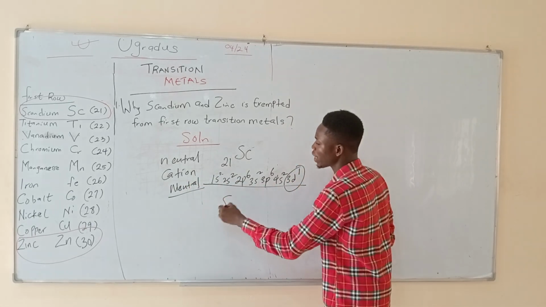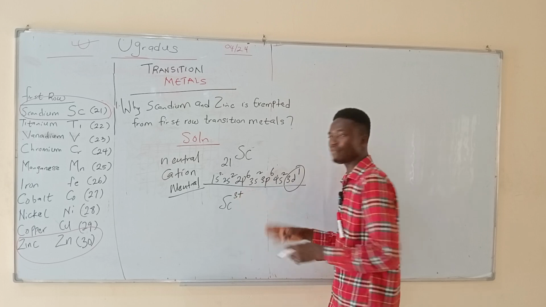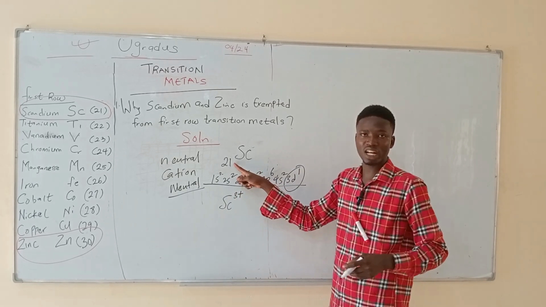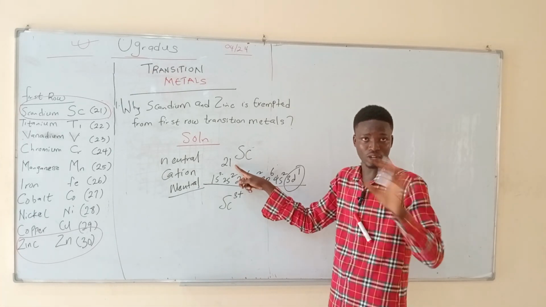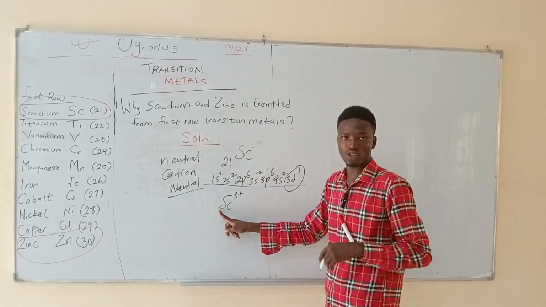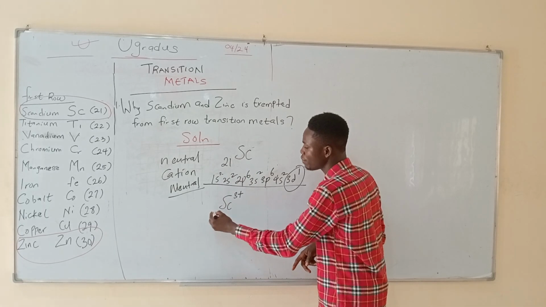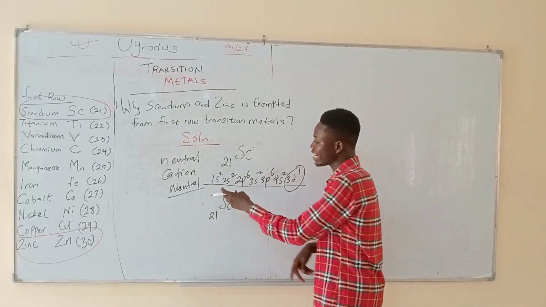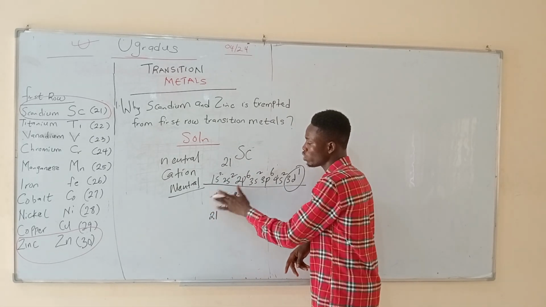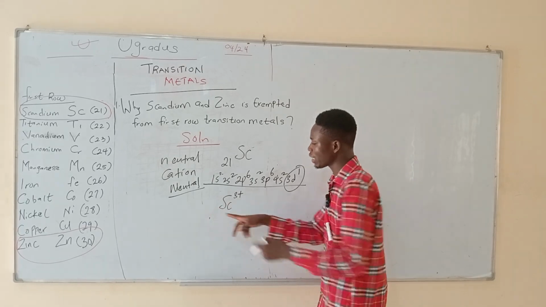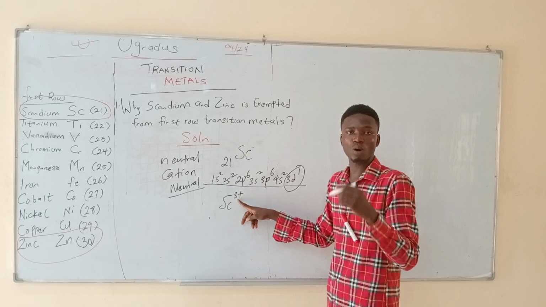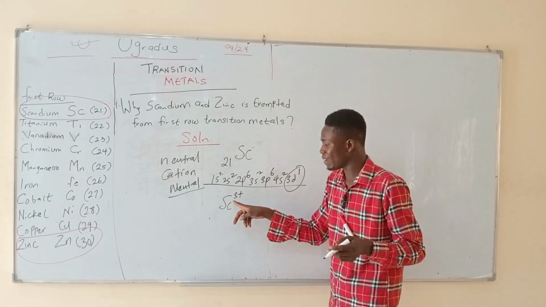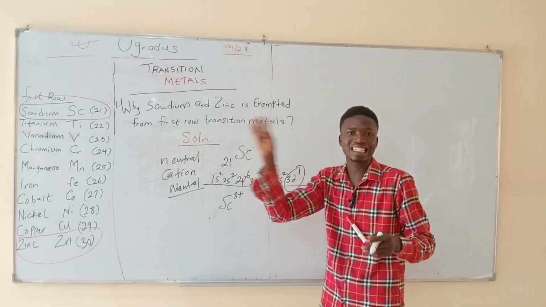But when scandium now becomes scandium 3+, definitely you can no longer maintain 21 electrons. The proton number will still be 21, but the electron number will change, because you have to subtract 3.